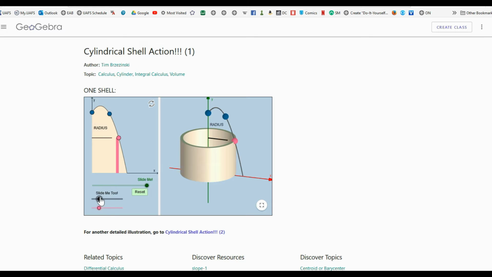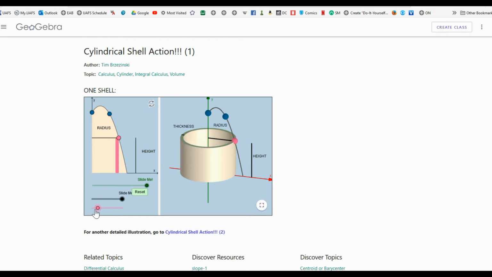Notice the radius of that shell is the distance the strip is from the axis of revolution. And the height of that cylindrical shell is the height of the curve, or the height of our little strip. And the thickness is a real small thickness here, which is going to be our dx, our delta x.